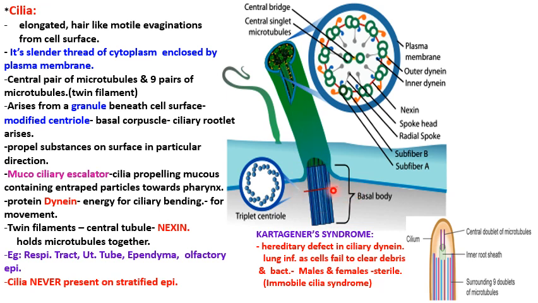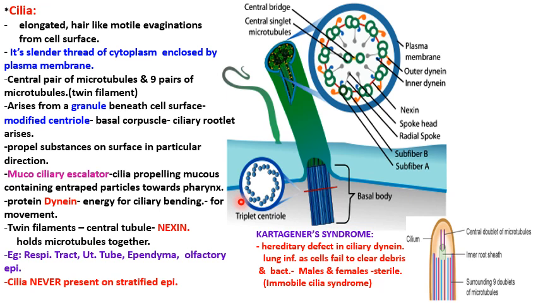So at the base, these are the microtubules, they are arranged in triplet fashion. There are about 9 peripheral tubules. They are arranged in a triplet fashion.